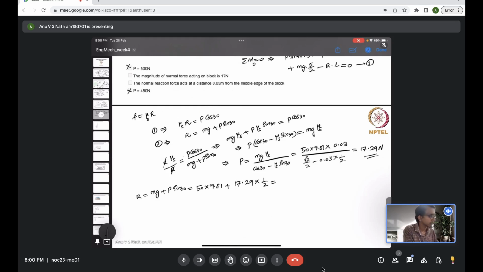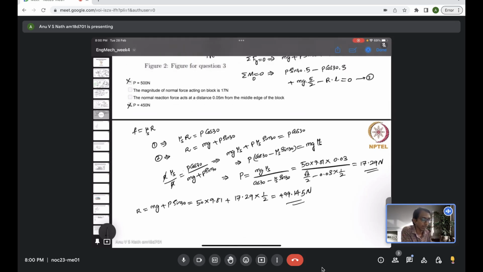So that is 499.145 Newton, approximately 500 Newton. And option B says that it should be actually 17 Newton, so that is also wrong.